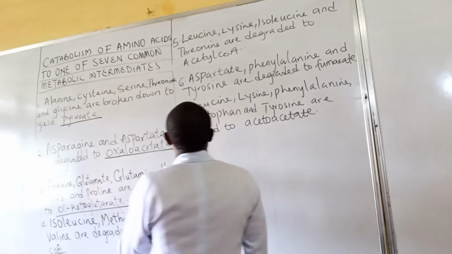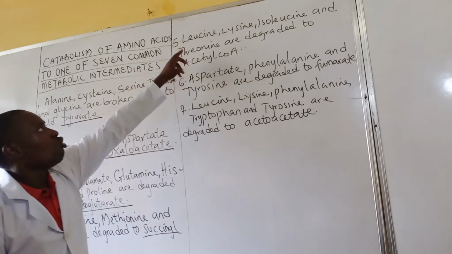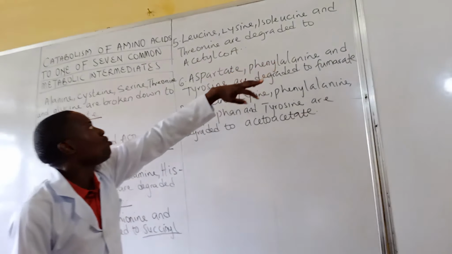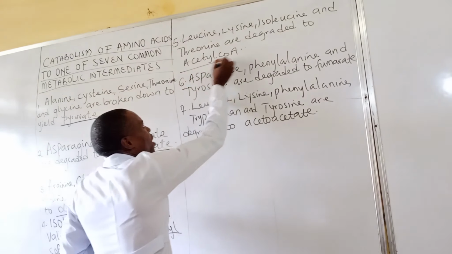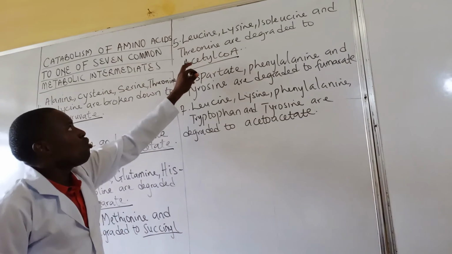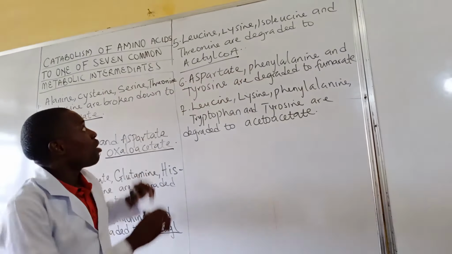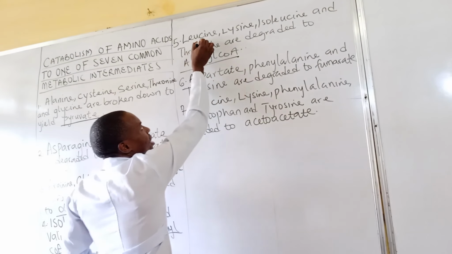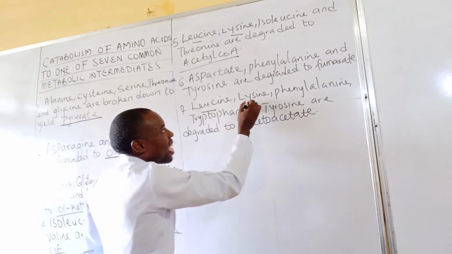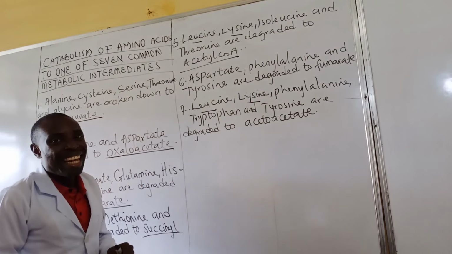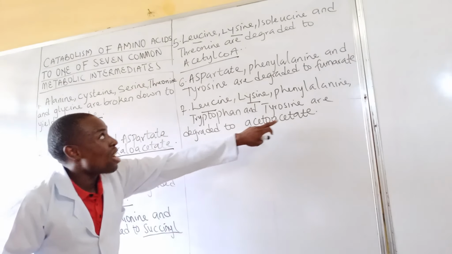Moving on to number 5, leucine, lysine, isoleucine, and threonine are degraded to acetyl-CoA. If you go to number 7 here, leucine and lysine, when they are degraded, yield acetoacetate.